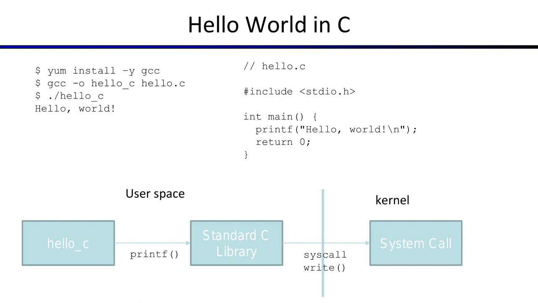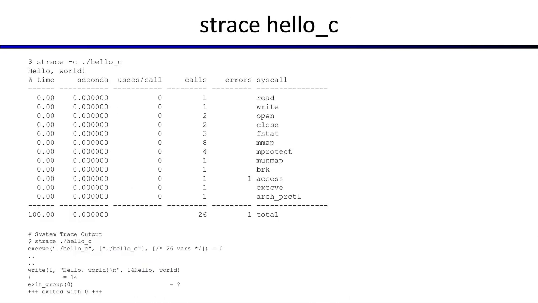Now, let's look under the hood of this function using strace, to see what it really did at the system call interface. So here is an strace of hello_C. Let us do a statistical strace first to see how many calls were made. And we can see there were 26 system calls made.